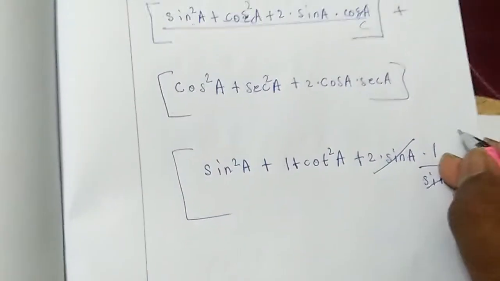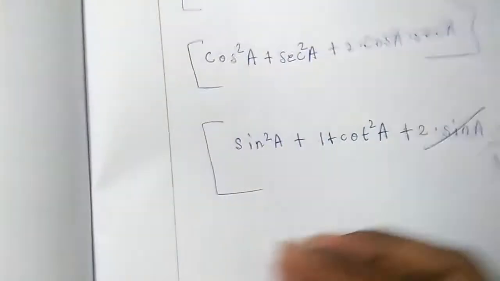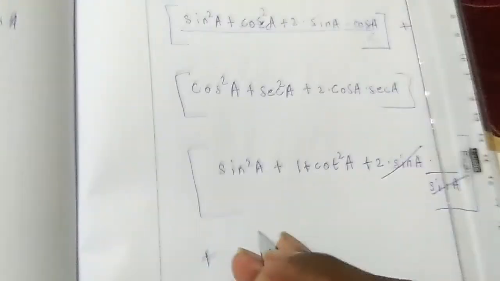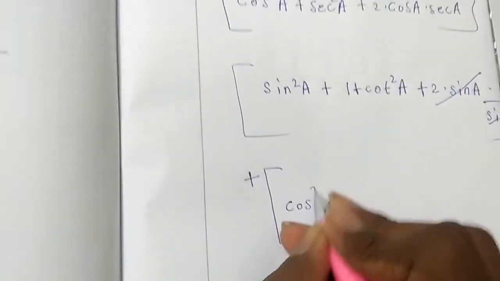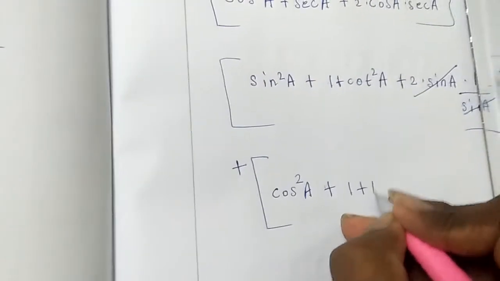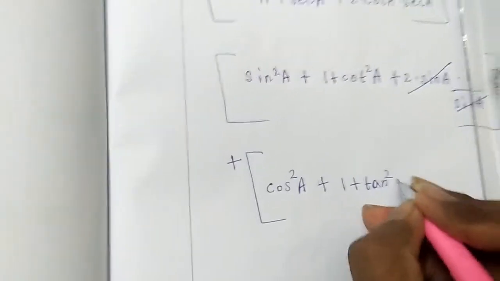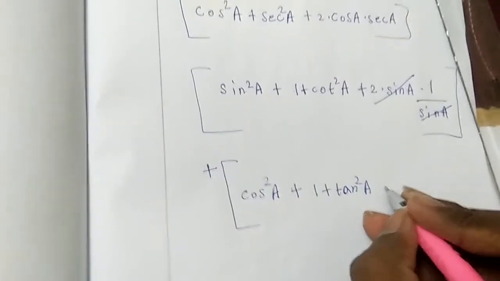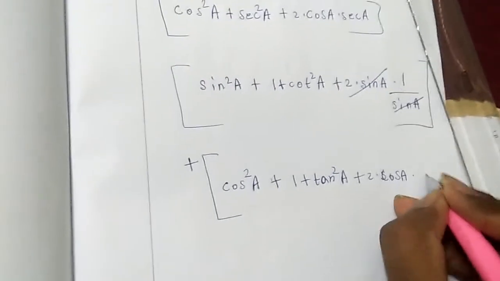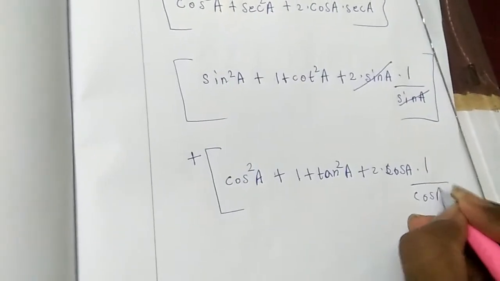So this is one term, plus cos square a plus 1 plus tan square a, changing secant square a as 1 plus tan square a, plus 2 cos a into 1 by cos a.